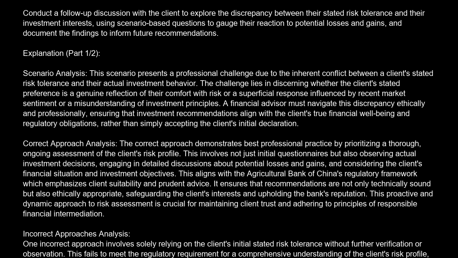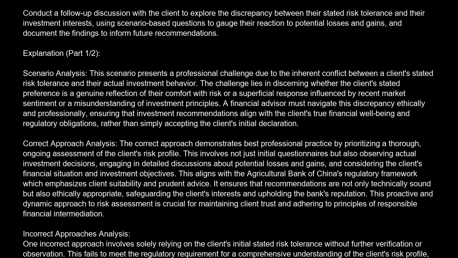Correct approach analysis. The correct approach demonstrates best professional practice by prioritizing a thorough, ongoing assessment of the client's risk profile. This involves not just initial questionnaires, but also observing actual investment decisions, engaging in detailed discussions about potential losses and gains, and considering the client's financial situation and investment objectives.